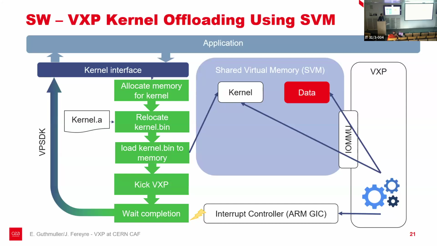Then we have a precompiled but not fully linked kernel that is relocated for the newly allocated memory, and then it is written at the right place in the memory. Then we kick the VRP with the data that are also in the memory and come from the user application. In the same way, we wait for the completion, but this time it is through an interrupt mechanism that is provided by the ARM platform or other platforms that can use the accelerator. In this case, it is the ARM GIC.